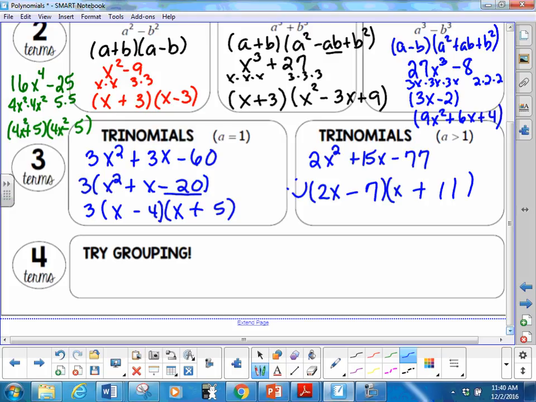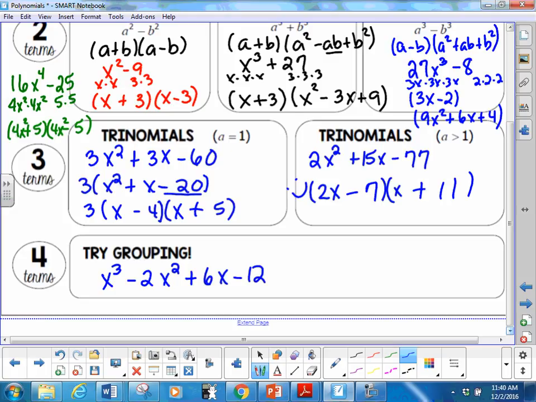Okay, so factoring by grouping. Everything that we've looked at has been 2 or 3 terms, right? Do you know what to do when you see a 4 term? I was going to say you could combine like those together.